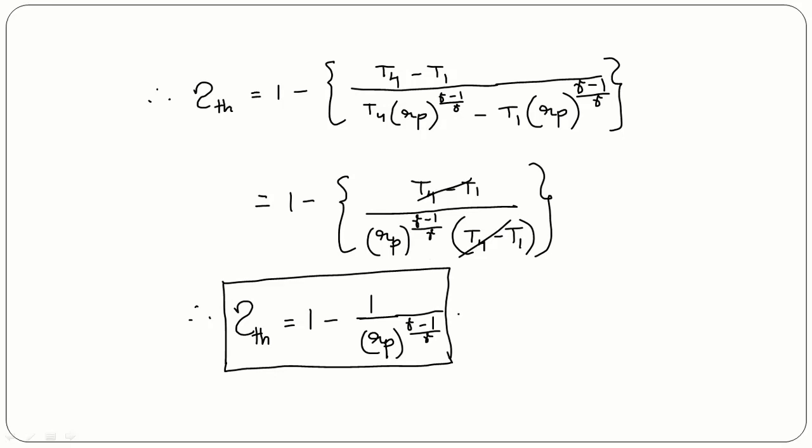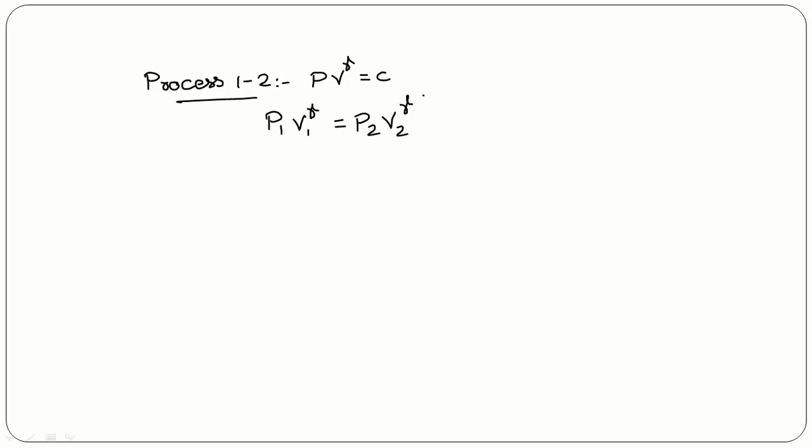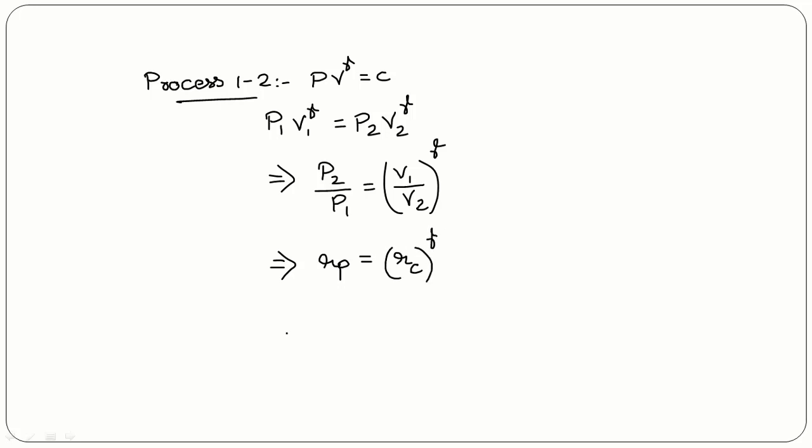Now we can also write this thermal efficiency in terms of compression ratio. If we take process 1 to 2, process 1 to 2 is PV^gamma equal to constant. So from this we can write P1 V1^gamma equal to P2 V2^gamma, and P2 by P1 will be (V1 by V2) to the power gamma. P2 by P1 is nothing but the pressure ratio, so this will be equal to (V1 by V2), the compression ratio, to the power gamma.